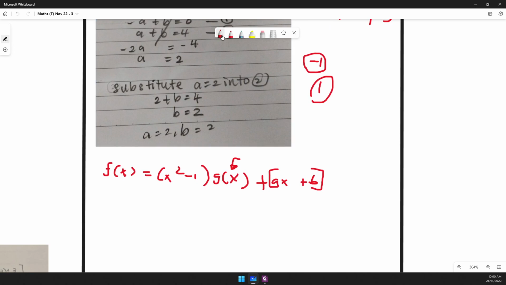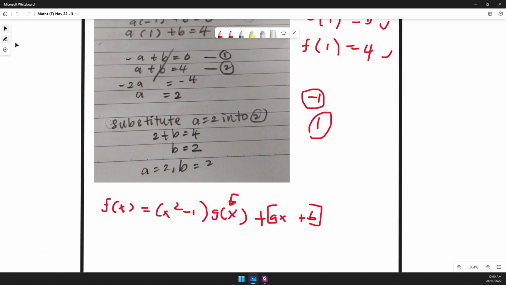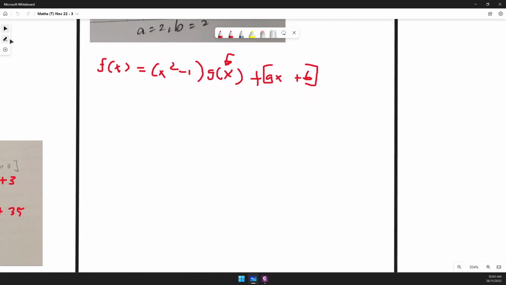So how do we go about it? Tarini, what you did here, good job, you got the flow. This is how you go about doing this question. You start with f(-1). You get 1 minus 1, which is automatically 0. g(-1) doesn't matter, this whole thing vanishes.